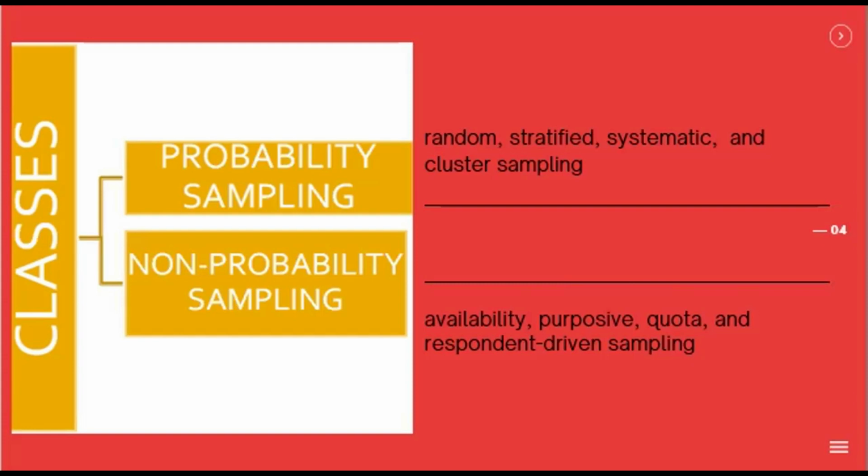Another type of sampling method is non-probability sampling, in which the probability that each element will be chosen is unknown. The types of non-probability sampling are availability, purposive, quota, and respondent-driven sampling. Now let's discuss those types of sampling method.